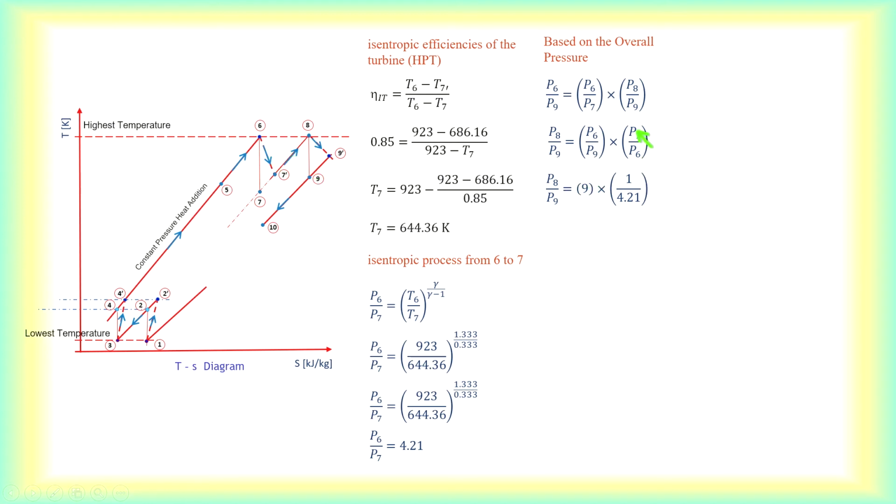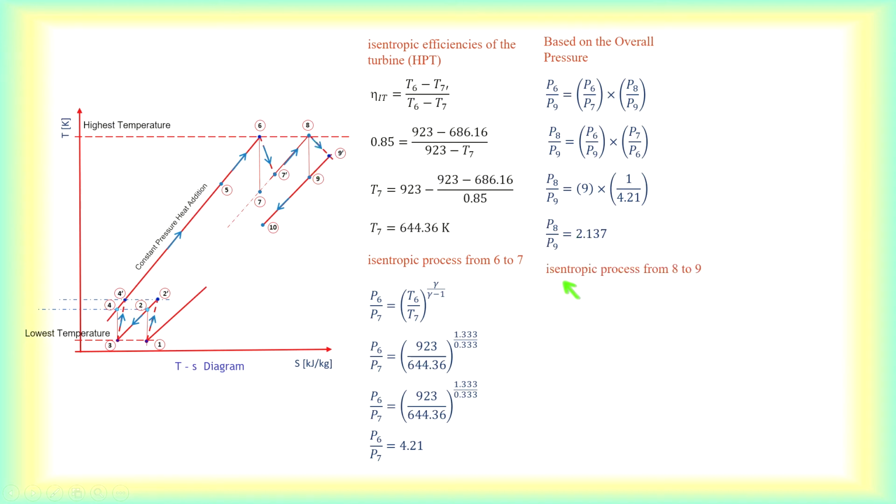P6 over P7 we have found is 4.21. So taking the reciprocal, this will be 1 over 4.21. So from here, we get a pressure ratio of 2.137, that is P8 to P9.